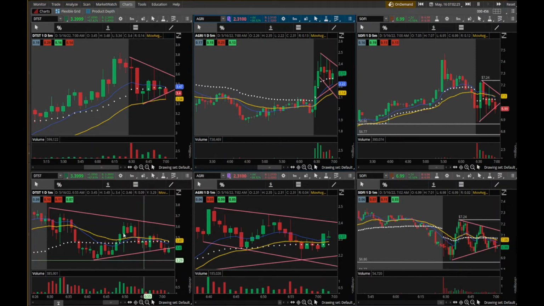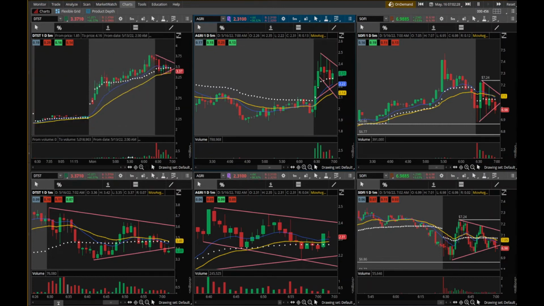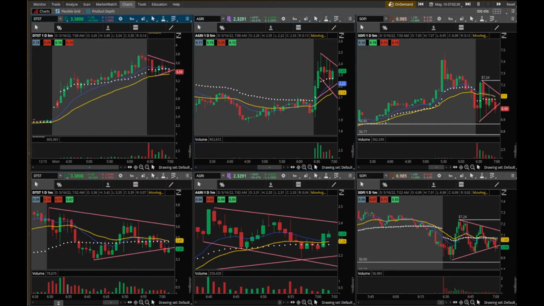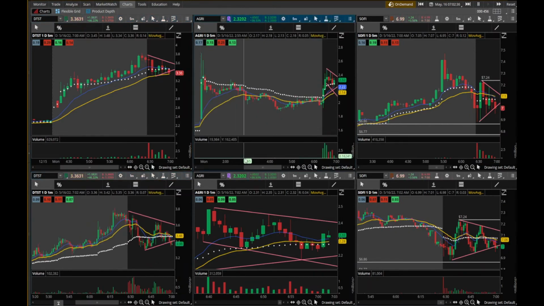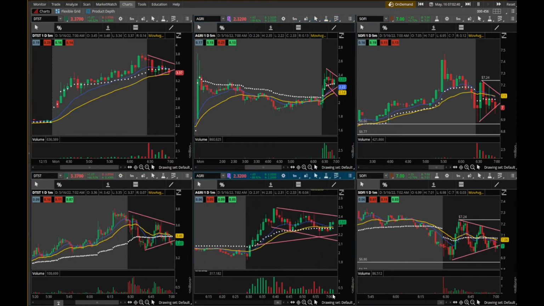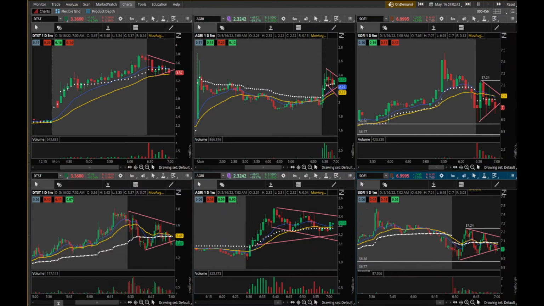Well, this has not been the best trading day. I would say this has been one of my least enjoyable days. It's been kind of a snore fest, because there's nothing that's moving up significantly right now. I see Roblox. Remember that from the other day.